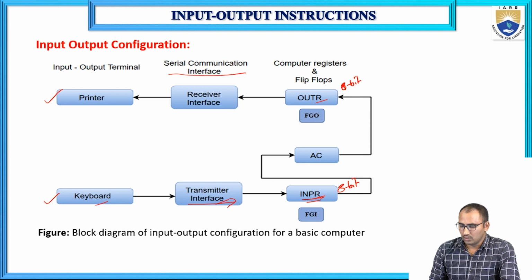From the input register, it is accepted by the accumulator of the computer, and from the accumulator it is loaded into the output register. From the output register, the data is given to the printer through the receiver interface to print. This is how communication takes place from the input device to the output device.